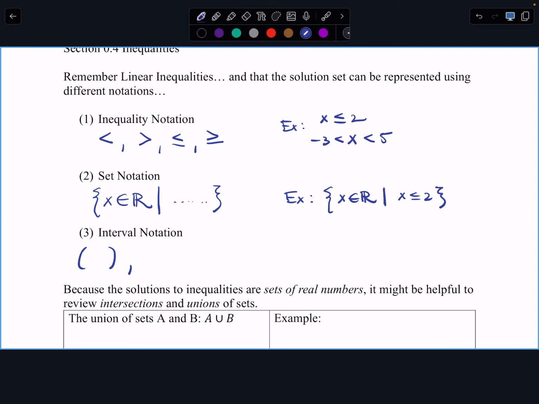Brackets to represent a closed interval, meaning the endpoints would be included. Or you can have a half open or half closed interval.